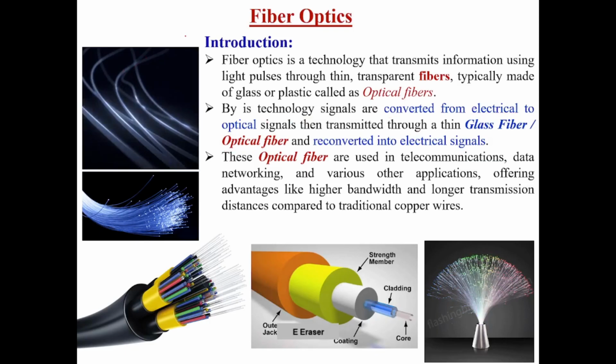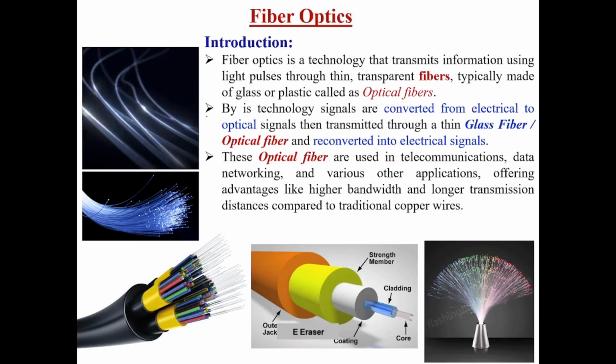This is the procedure. These optical fibers are used in telecommunications, data networking, and various other applications, offering advantages like higher bandwidth and longer transmission distance compared to traditional copper wire. And here I forgot to add another point: less attenuation of signal.